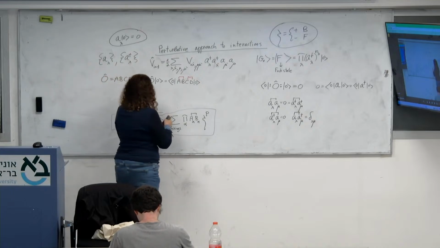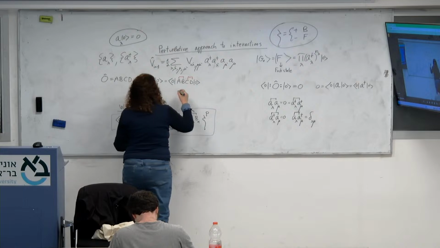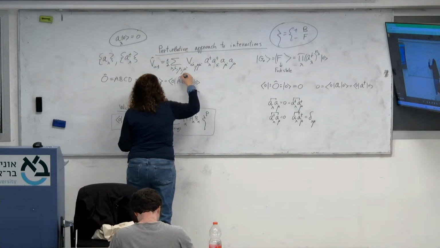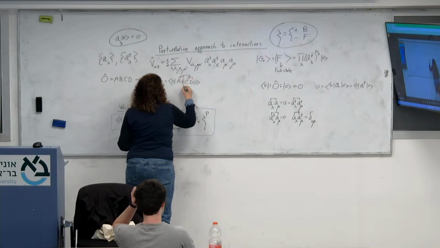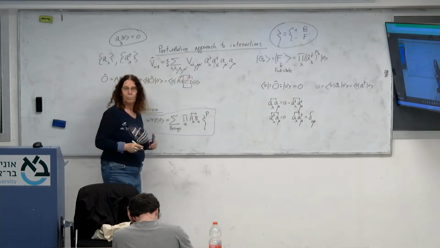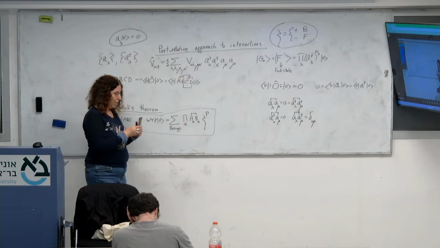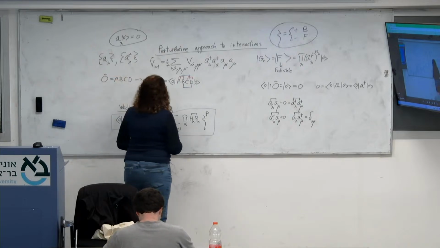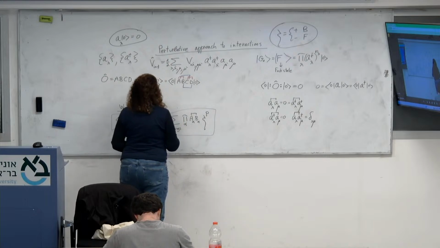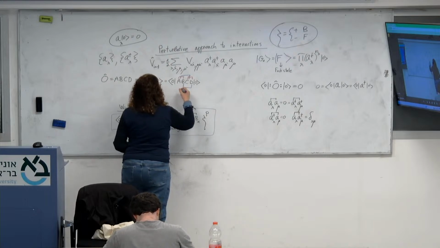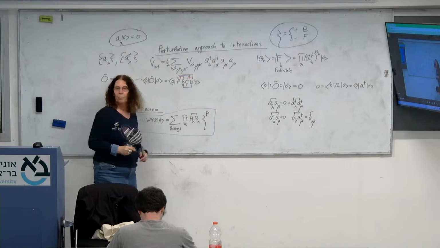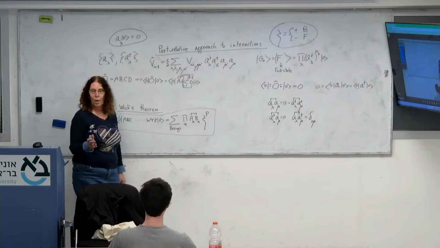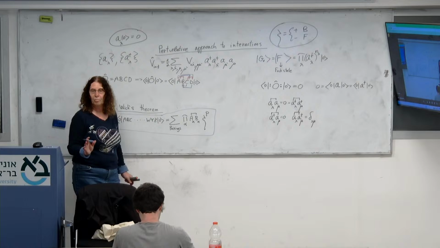Another possibility is to take A and C and B and D. A third possibility is A with D and B with C. And you agree that that's all, right?